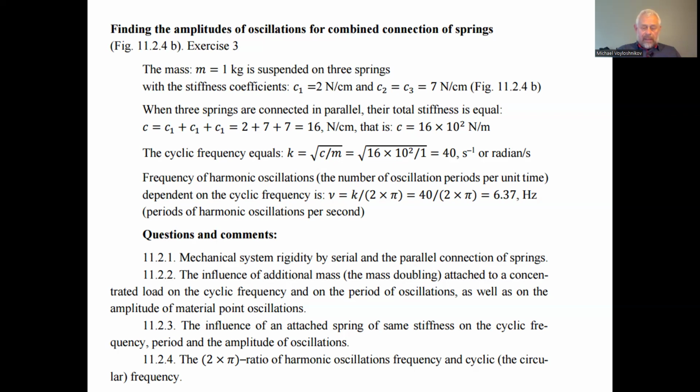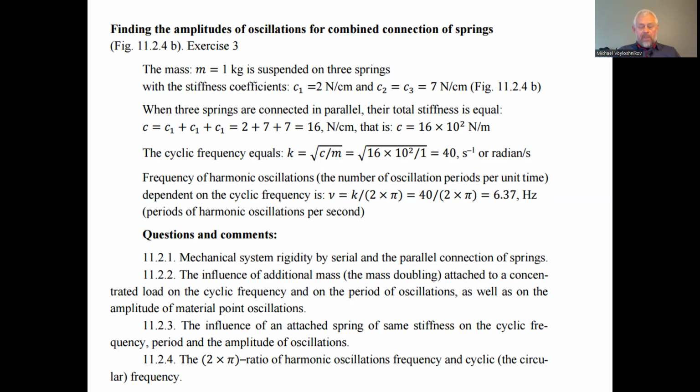The cyclic frequency reduces by a factor of the square root of 2, about 1.41 times. And the amplitude of the oscillation increases in the same proportion, square root of 2 times, after the suspension of two loads instead of one on the same spring.